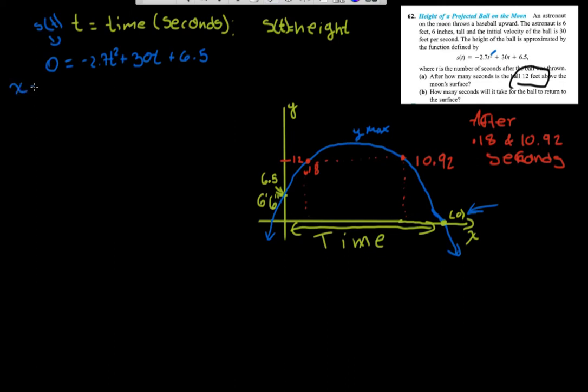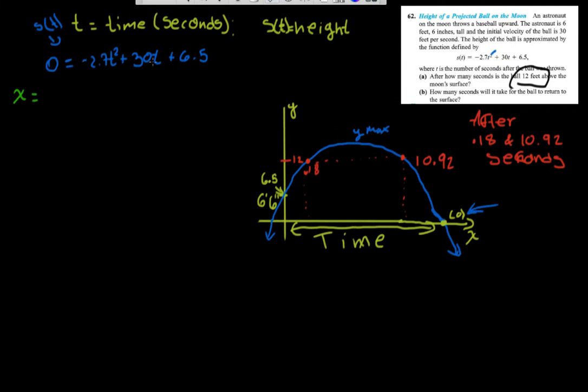So I'm gonna use another color for this one. All right, so t equals, this is the quadratic formula. Like I said, I'm not gonna write it down again. I'm gonna assume that you watched the other video.